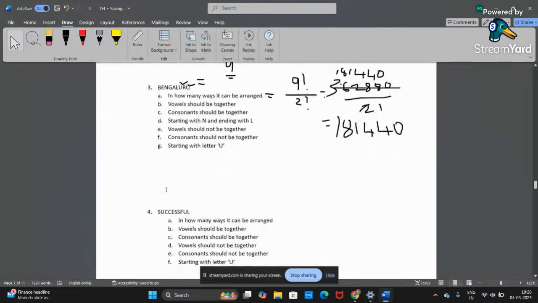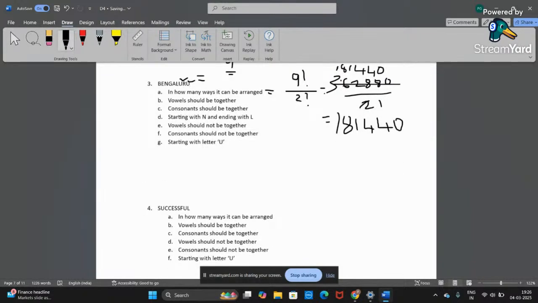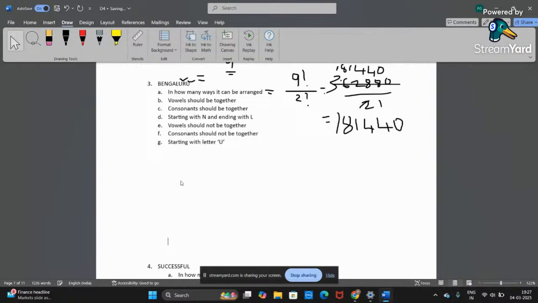Next, we'll move on to solve the second one. Vowels should be together. So, what are the vowels in the word Bengaluru? E, let's write it down.